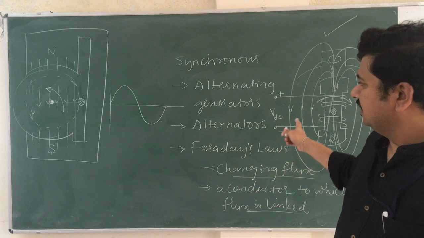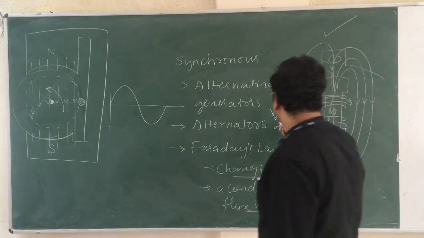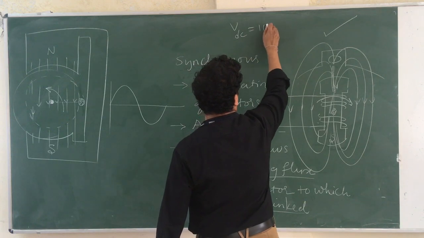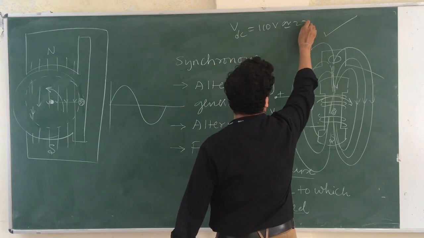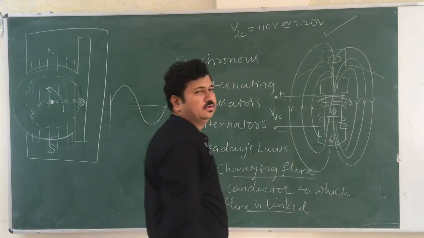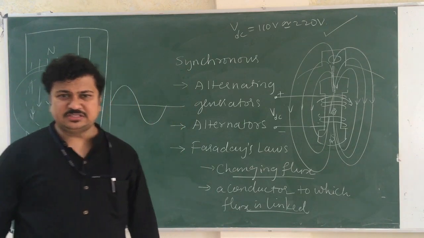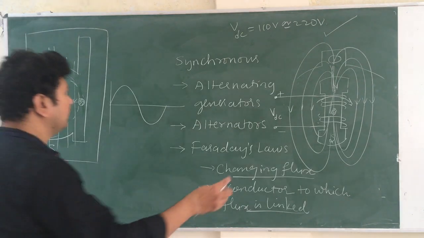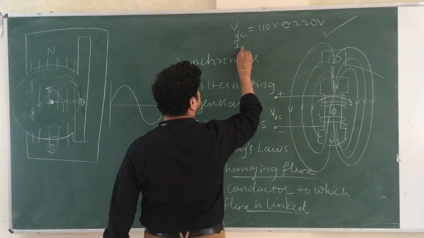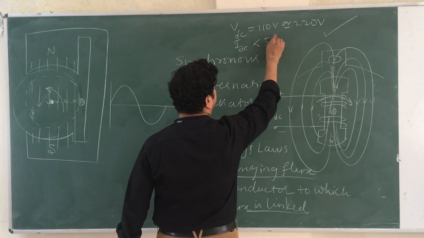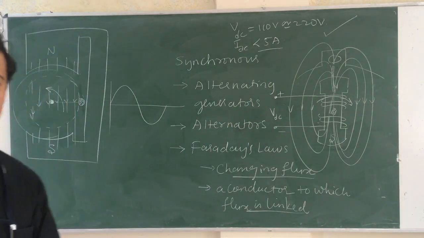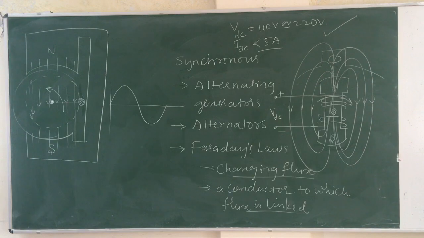Because the magnetic field is generated with a small DC voltage of 110 volts or 220 volts. Okay? VDC will be either 110 volts or 220 volts and the current IDC will be less than 5 amperes. It will be very much less than 5 amperes or at the max 5 to 10 amperes.